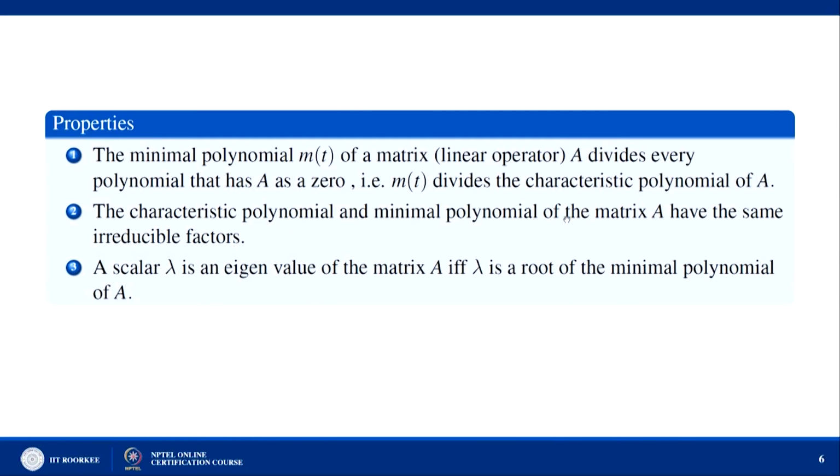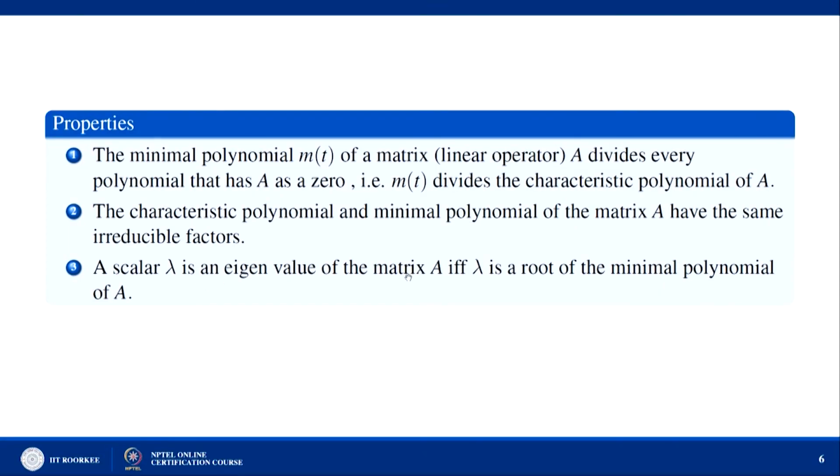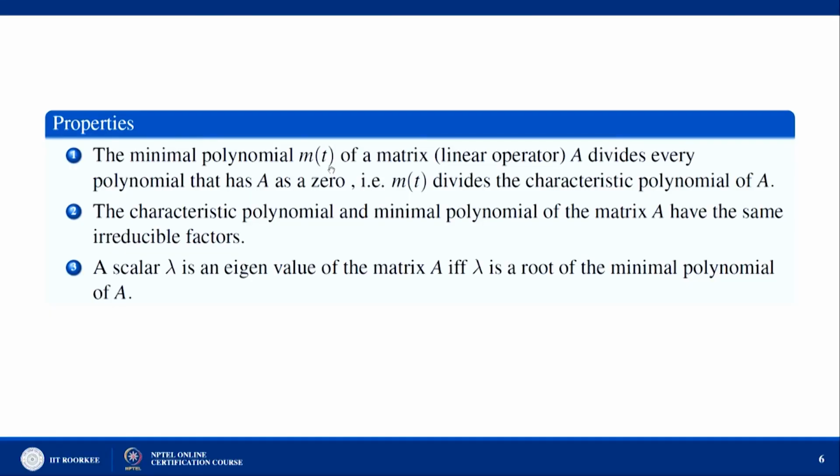Number 2: the minimal polynomial of matrix A has the same irreducible factors as the characteristic polynomial, which we have discussed. And number 3: a scalar lambda is an eigenvalue of a matrix A if and only if lambda is a root of the minimal polynomial of A also. So, if lambda is an eigenvalue, it is always a root of the minimal polynomial also. These are some of the important properties of the minimal polynomial.